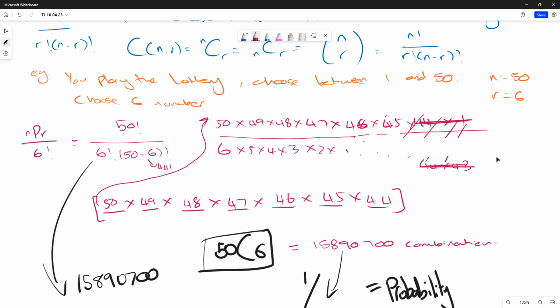So by dividing by 6 factorial, we're actually removing all the possibilities of that happening so that we can just have one possible combination of that arrangement of those numbers, which comes to 15 million combinations. Yeah, it's a specific set of 6 numbers.